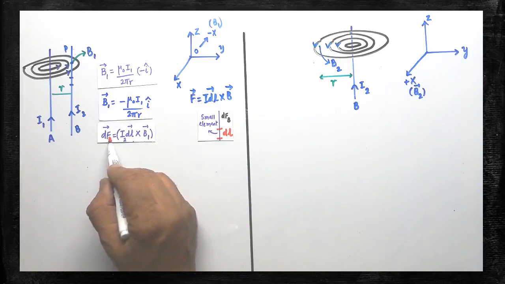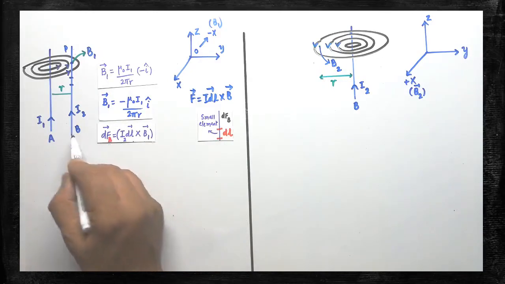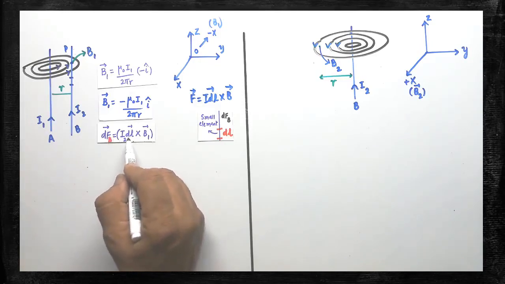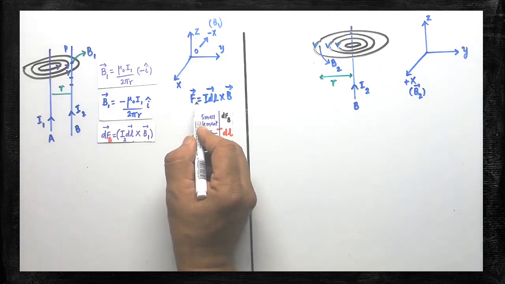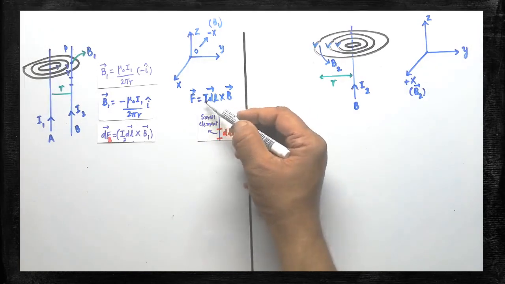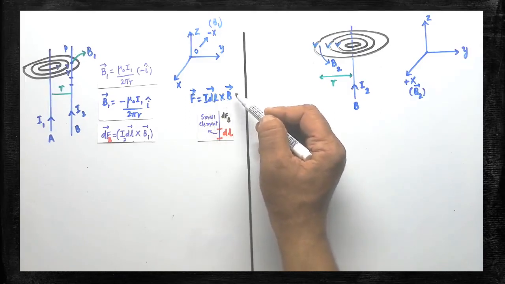The very small amount of force acting on the small element in the current carrying conductor B. Since the strength of the force is very small, we call it the dFB vector. This formula is arrived at from the basic formula. What is the basic formula for Lorentz force? F vector is equal to I l vector cross B vector. This is the formula which was already derived in the previous concept.